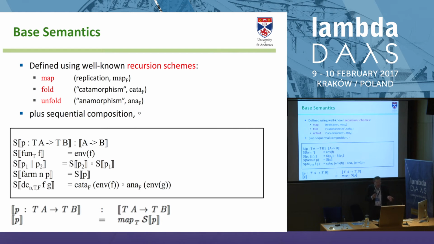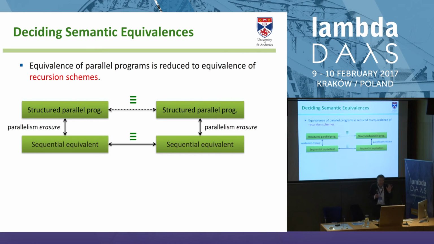The semantics of divide and conquer is simply the composition of a catamorphism, that is a fold, I always get this wrong, with an anamorphism, that is an unfold operation. So first we're unfolding, then we're doing stuff, and then we're folding. And that's a divide and conquer, as you'd expect. And then to lift these things up to the parallel level, as I showed you, what do we do? Well, you put in a map. And now we're streaming over a series of inputs. So now I've got a parallel version.